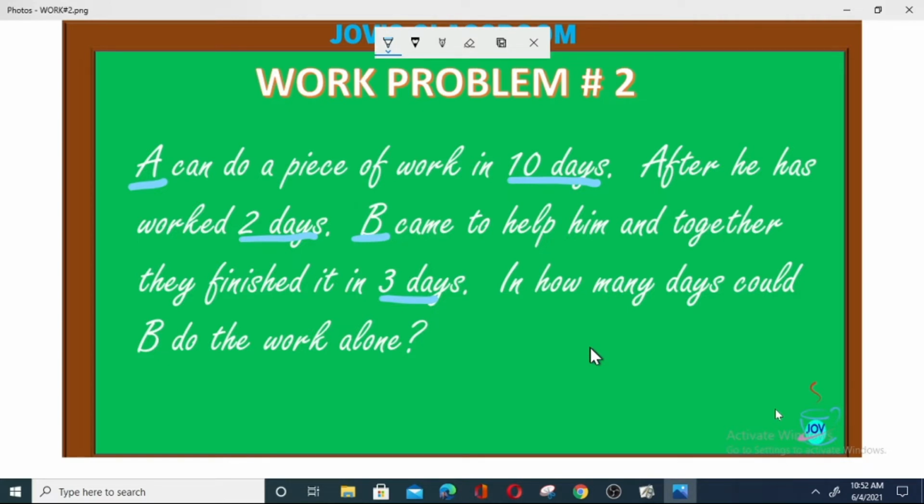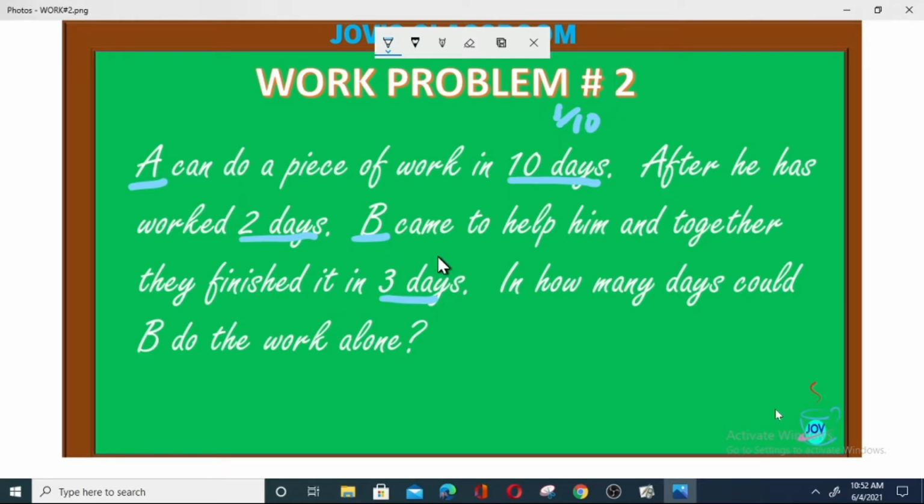Okay, so these are the given, worker A and worker B. Worker A does a piece of work in 10 days, so his rate is 1 over 10. And he worked for 2 days, that is his time. B came, helped him, and together they finished in 3 days. So this is the time they work together.